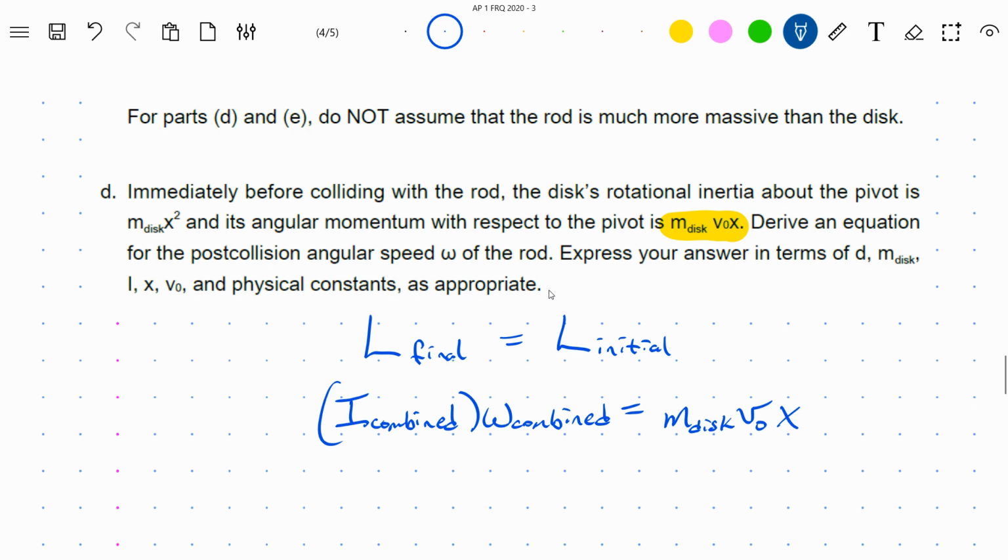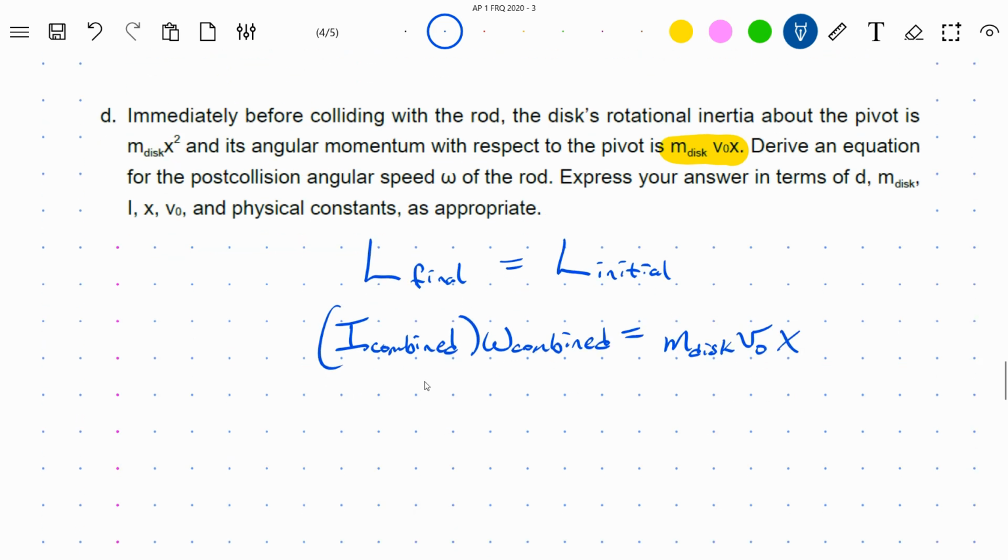A friendly reminder that when they present us with values or letters to represent certain quantities, we have to use that exact same notation. I'm not going to be having I combined throughout this derivation, so I don't mind showing it here for clarity, but I'm going to soon be replacing that with the symbols that they want me to use. Same thing with omega combined. All right, so what can I do here?